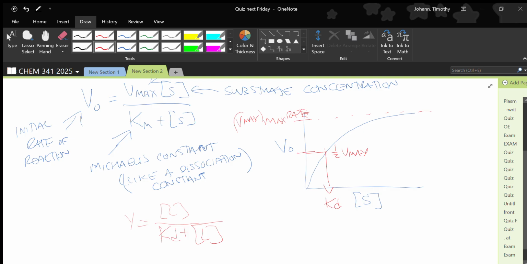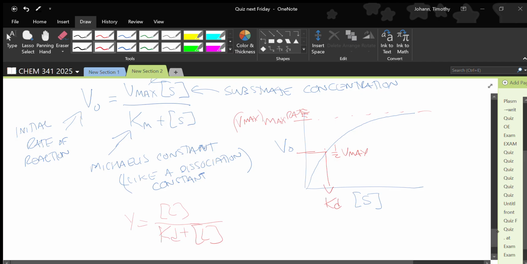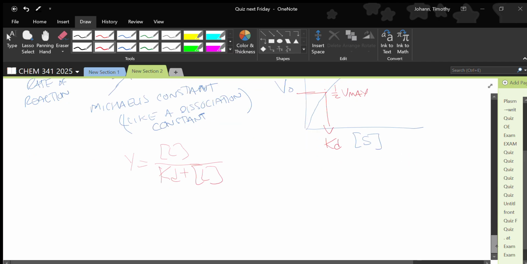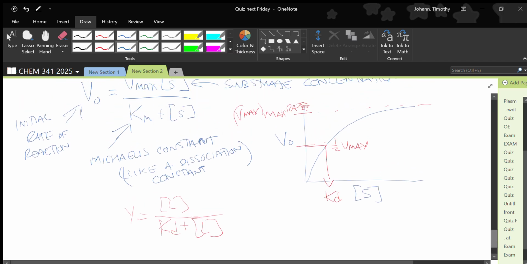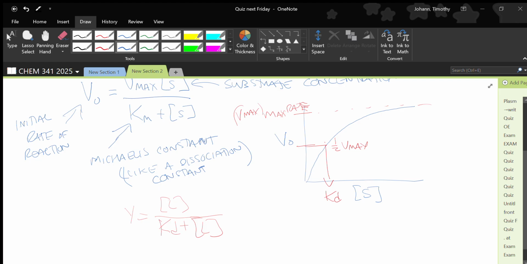All right, but let me show you something cooler, which isn't quite as useful as it once was, because now we have computers and we can just do these plots and solve for everything, right? Because the computer can solve all the constants. We don't need to draw a straight line, but we're going to do that. Lauren first. Yeah, it's supposed to be KM, not KD. KM, thank you.